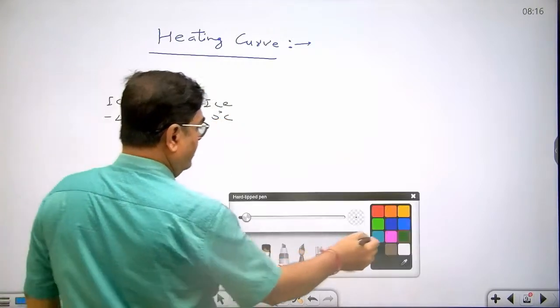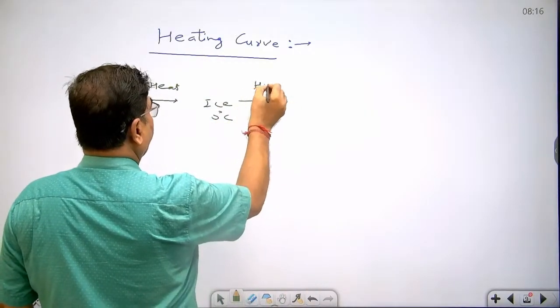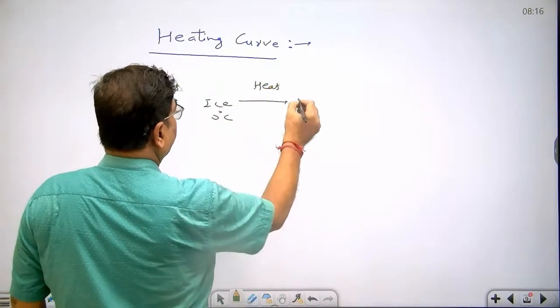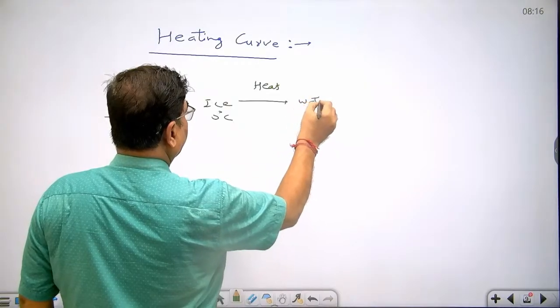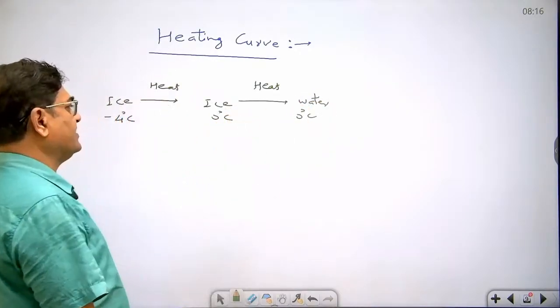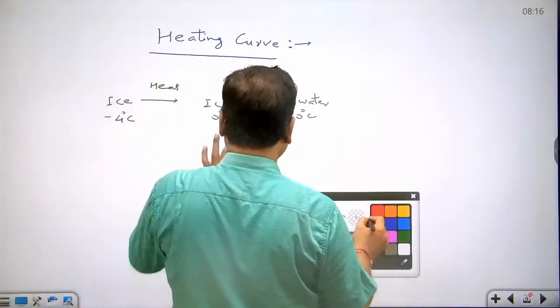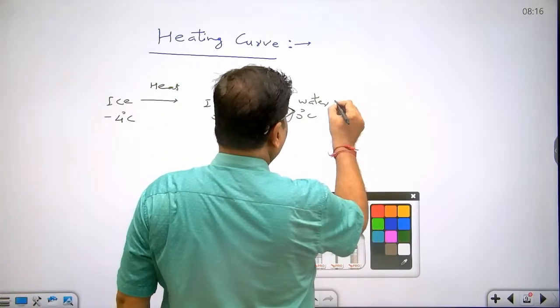Heat will be absorbed by the ice. Now again, if you supply heat, it will convert into water at 0 degrees centigrade. I told you during state change, the temperature of the substance will not change, and here you will use m L.